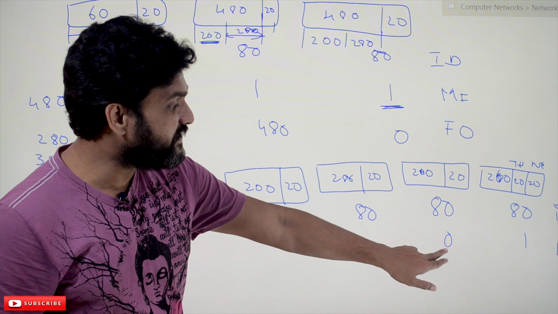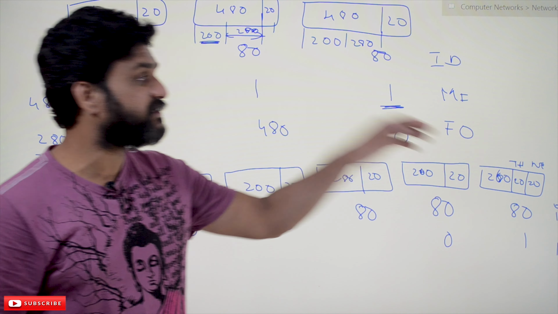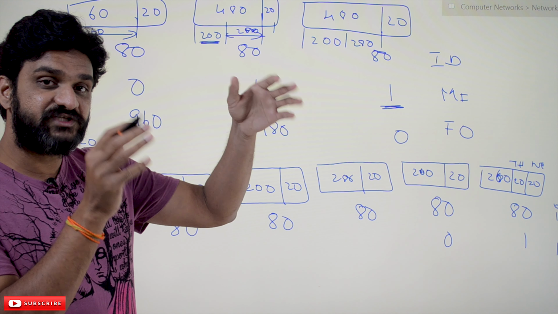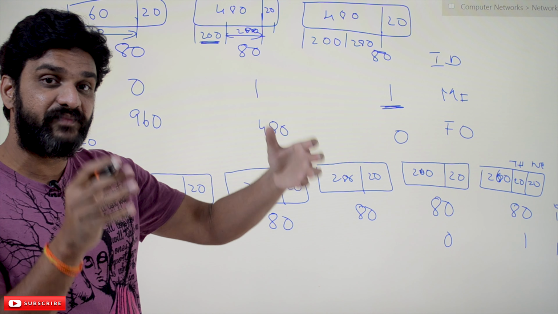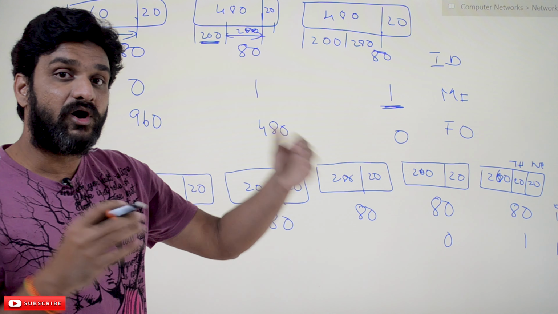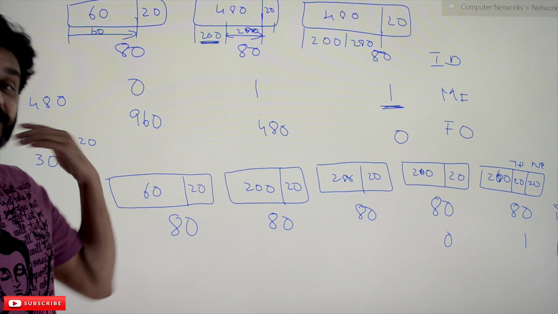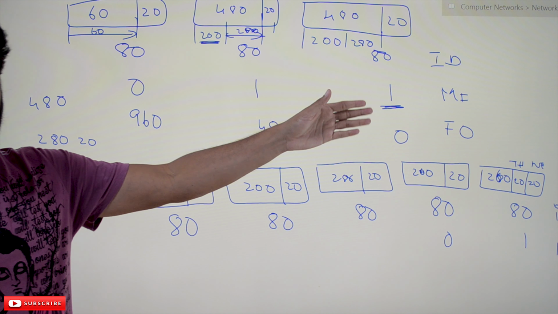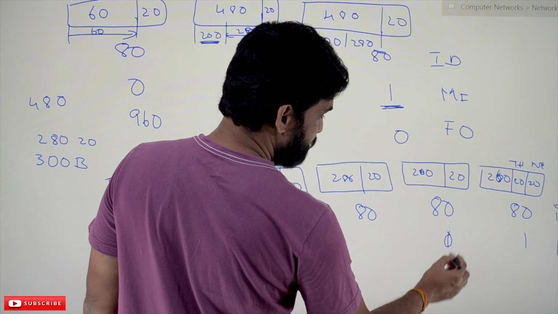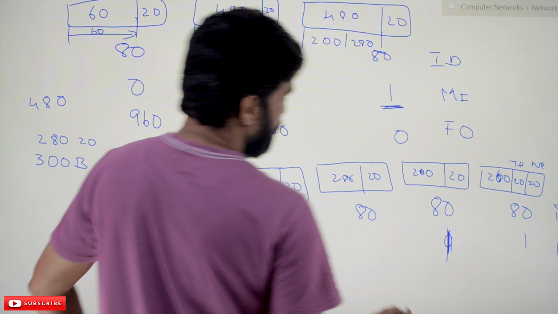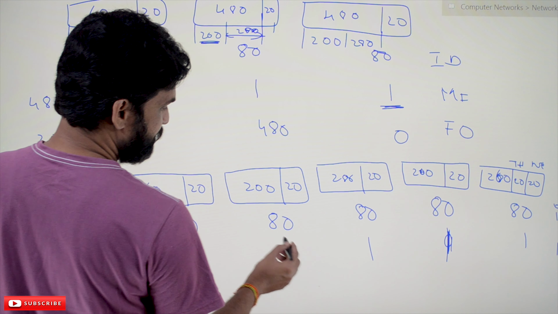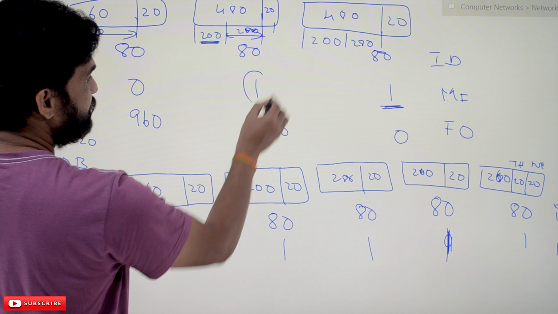So if the parent MF is 1, all the fragments that we have made from that parent should be given an MF of 1, because there are fragments following. So this one should also be 1, and again the MF is 1 because the parent is 1.